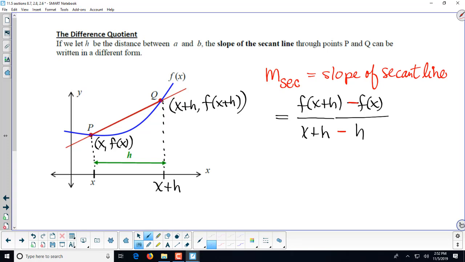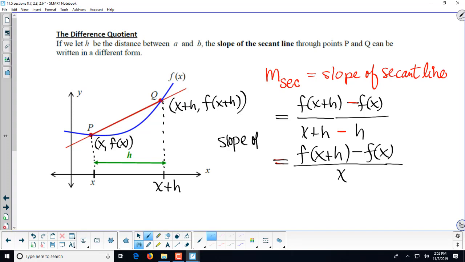Okay, simplify that. We can simplify the bottom, can't we? The denominator. So top stays the same, can't do anything. The bottom becomes x. Okay? So this expression will calculate the slope of the secant line on an interval from x to x plus h.